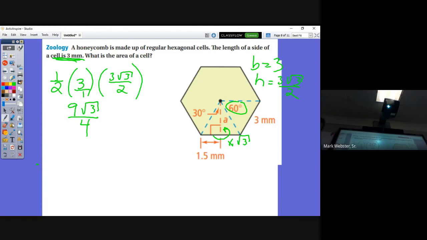That's our area for one triangle. And we're going to say, how many triangles are there? There's 6, right? For a hexagon. 6 triangles. We've got 9 times 6 is 54.